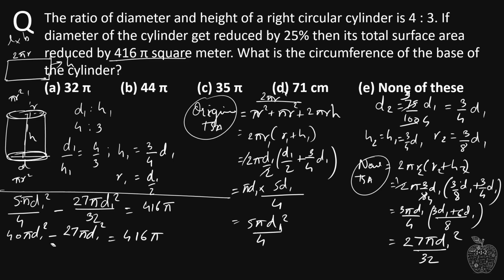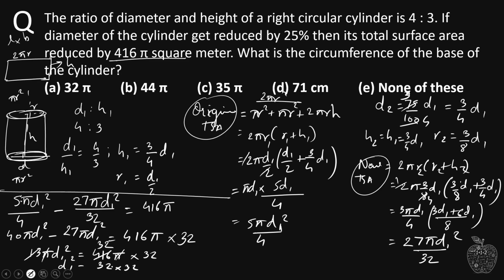So we are left with 40 minus 27 which is 13 pi d1 square is equal to 416 pi into 32. Now 13 ones are 13, 3s are 39, 2 remaining, 13 2s are 26. So pi again gets cancelled. So we are left with d1 square which is equal to 32 into 32.